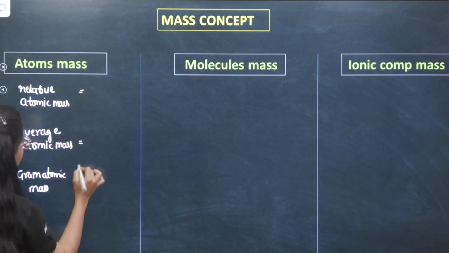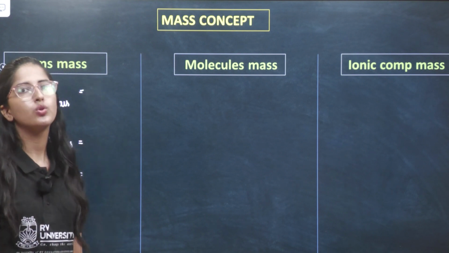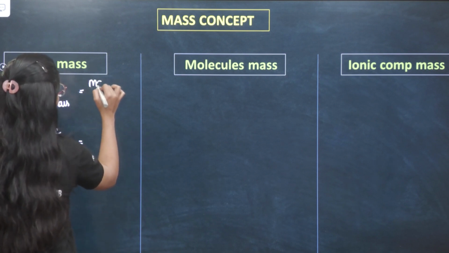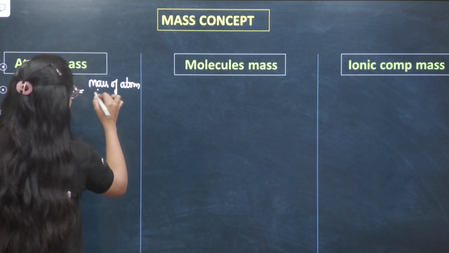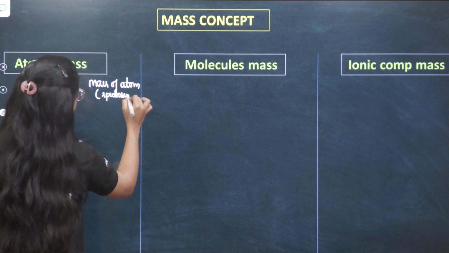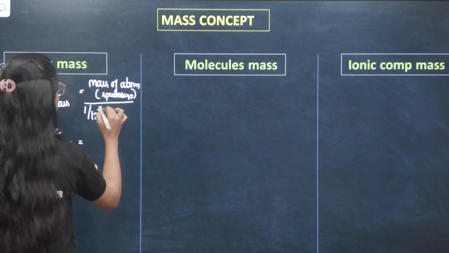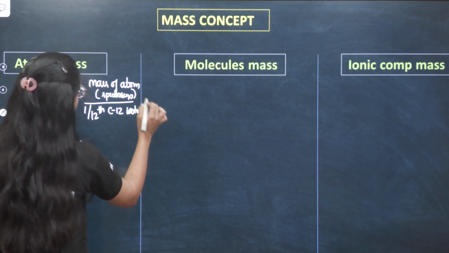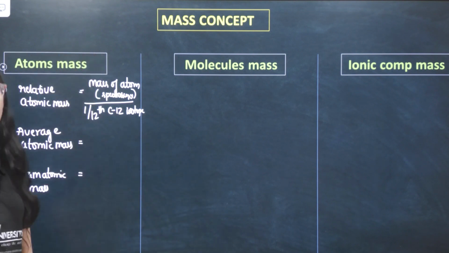Relative atomic mass means in relation to something. Now the concept of AMU comes here. You take the mass of the atom, which is calculated by spectroscopy, and divide it by 1/12th the mass of the carbon-12 isotope, that is 1 AMU, to get the relative atomic mass.